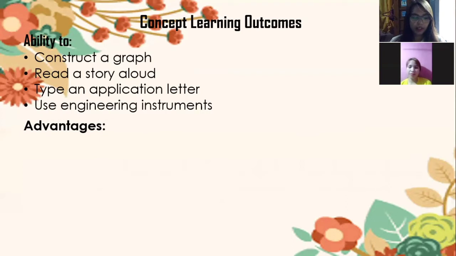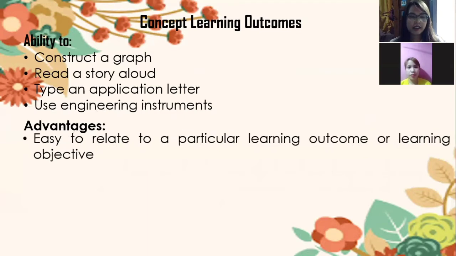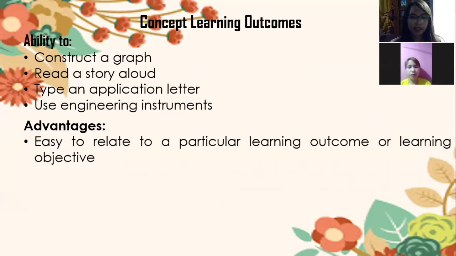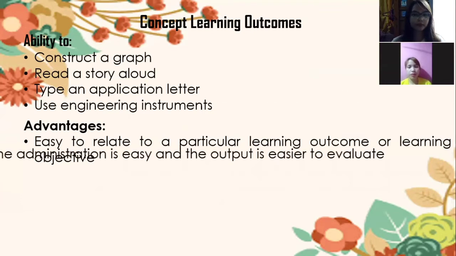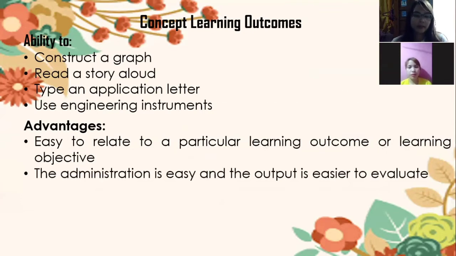So there are advantages when the teacher limits the scope of the task. The advantages are, it is easy to relate to a particular learning outcome or learning objectives. Then the administration is easy and the output is easier to evaluate.